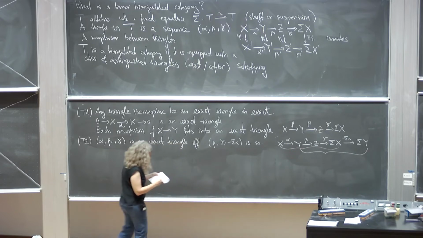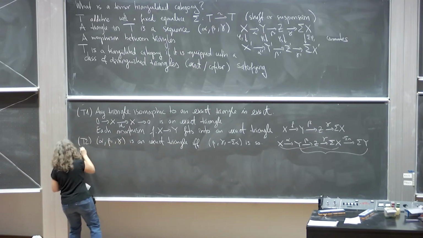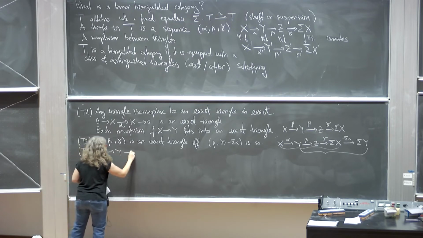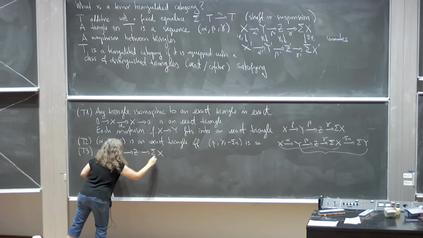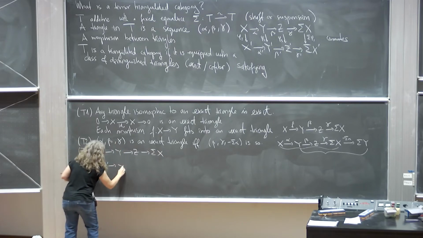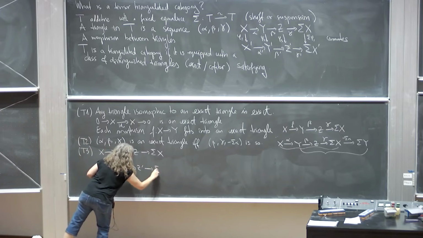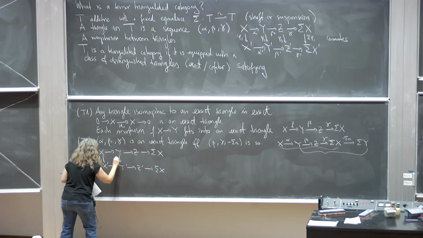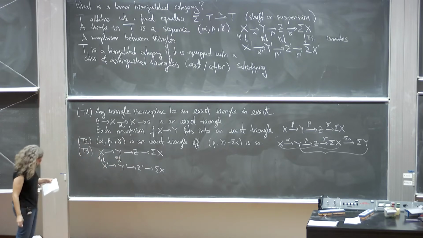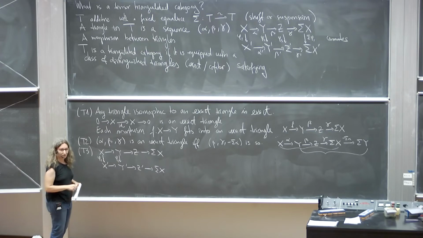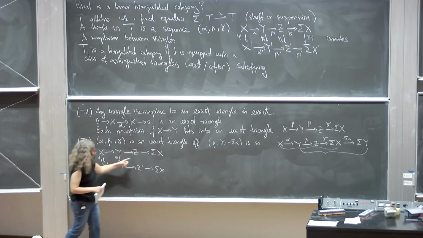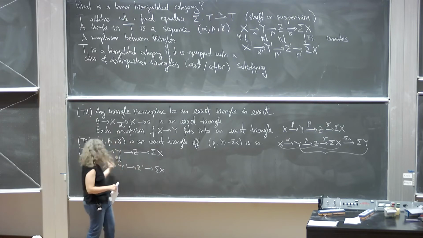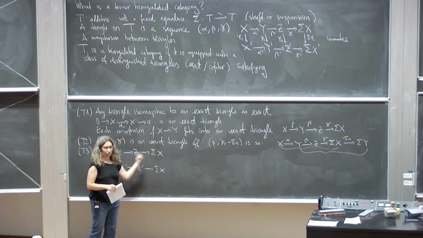The third condition is about morphisms. If you have two exact triangles and you are given morphisms from X to X' and Y to Y' such that the diagram commutes, the condition says that there exists also a map Z to Z', and the suspension of the first, such that this is a morphism of exact triangles.